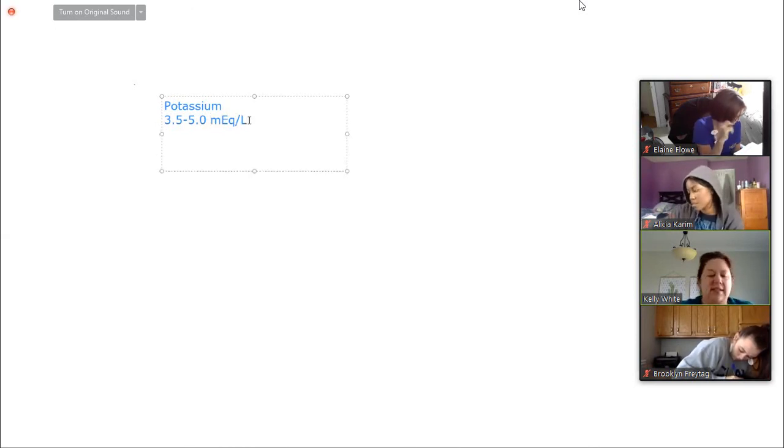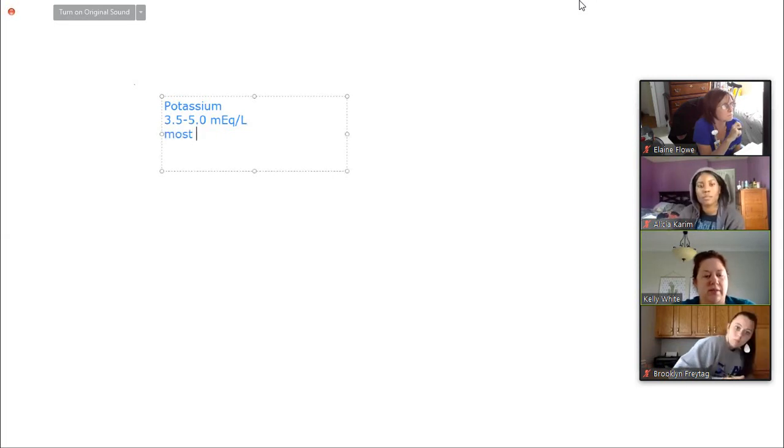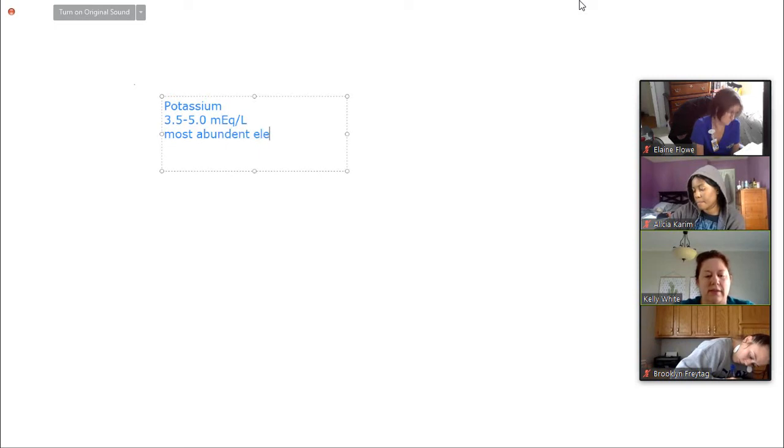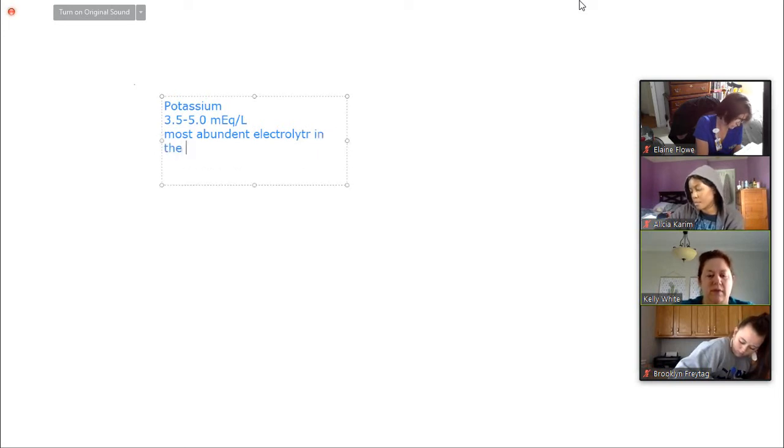This is the most abundant electrolyte inside the cell.